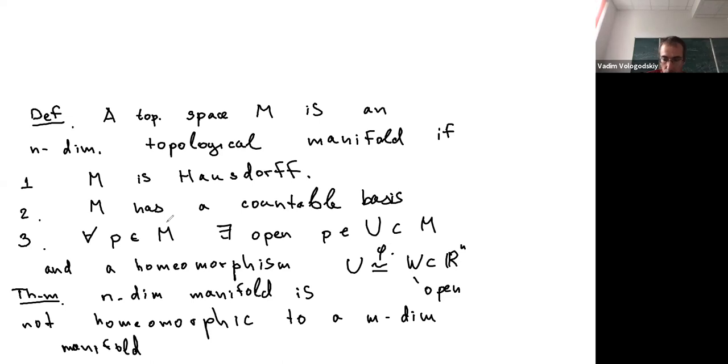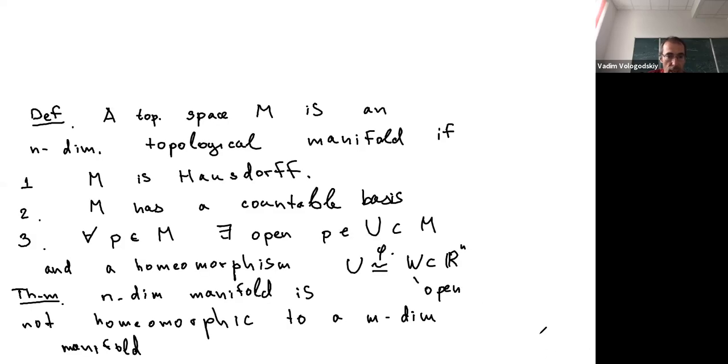So, okay. What is the statement here? The statement of the theorem is that an open subset of Rn, unless, let me finish this, unless n is m.